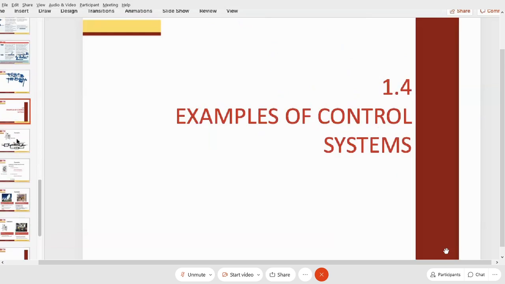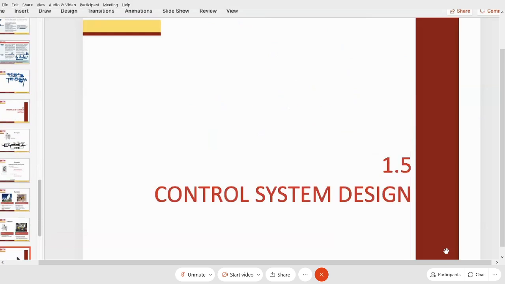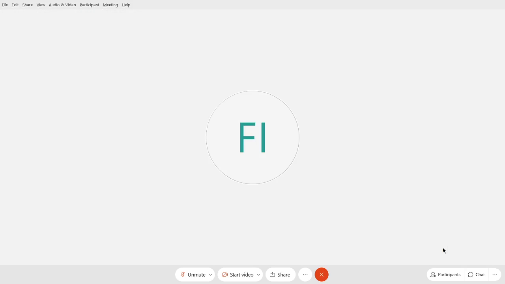So actually we have finished this part and go to a few examples. Any question? Anyone? We go to the example.